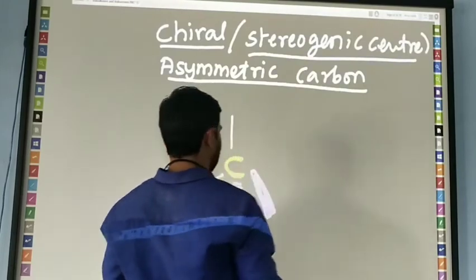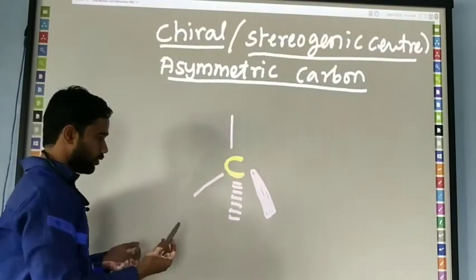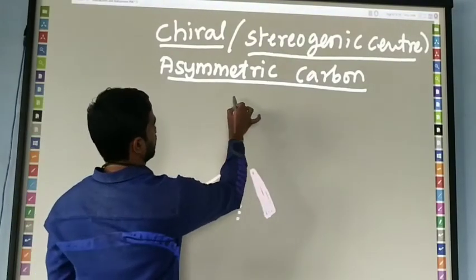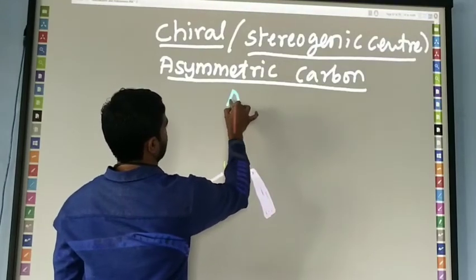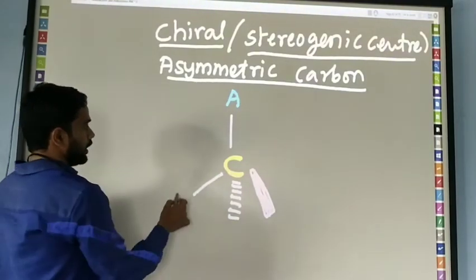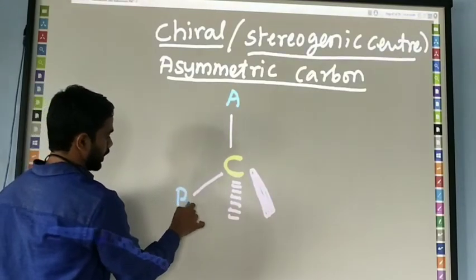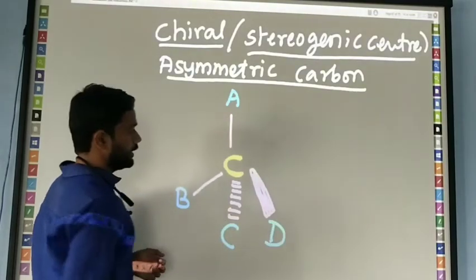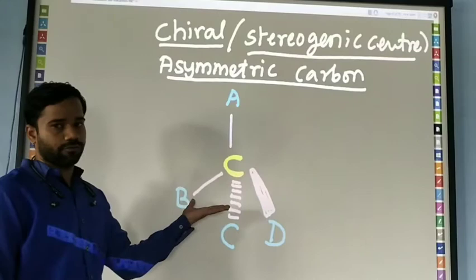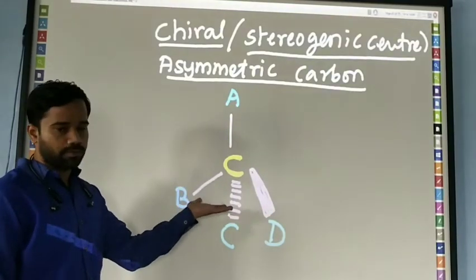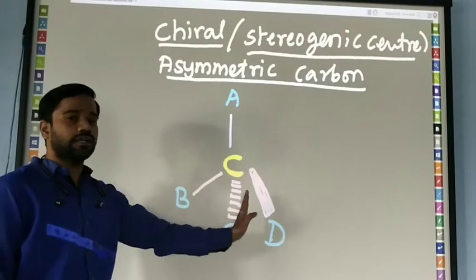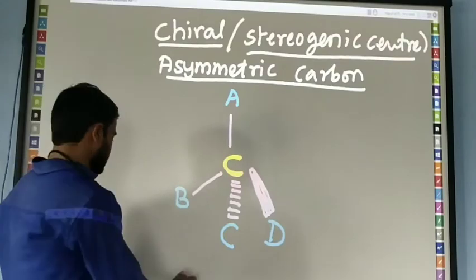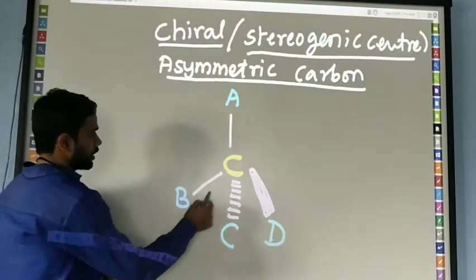In this case we have to attach some substituents. Let me attach the first one: A is my first substituent. Here I am going to add B. In the dash position I am going to add C. In the wedge position I am going to add D. If any carbon possesses four different substituents, we call it a chiral carbon.